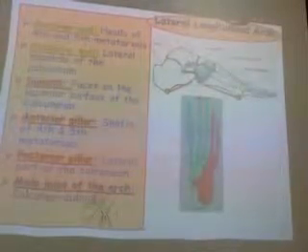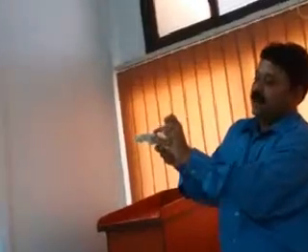The anterior end is formed by the heads of the fourth and fifth metatarsal bones. Here are the heads of the fourth and fifth metatarsal bones, the anterior end. And the posterior end is the lateral tubercle of the calcaneum.